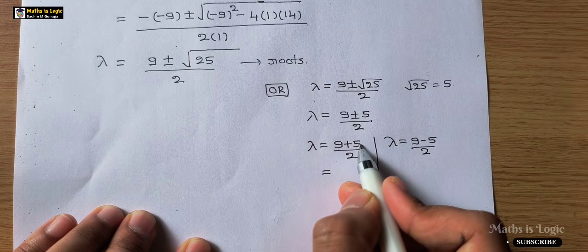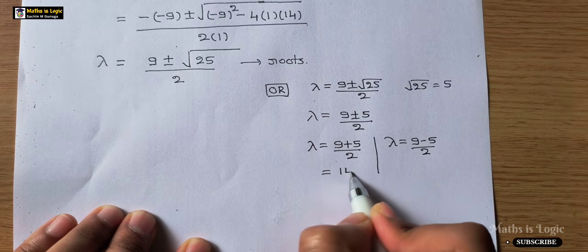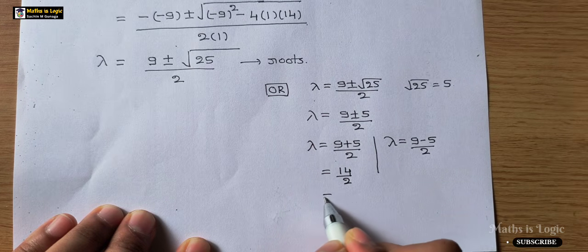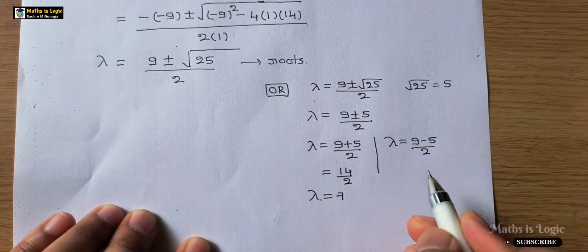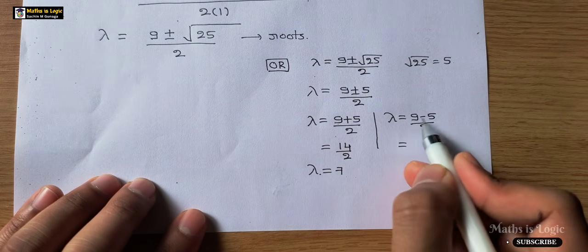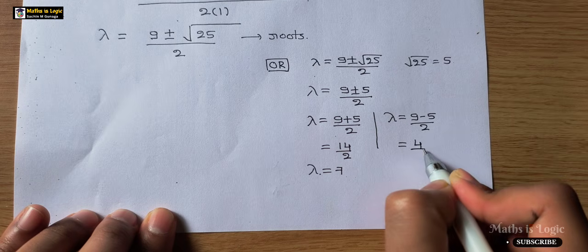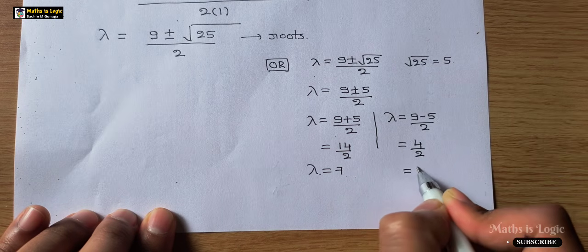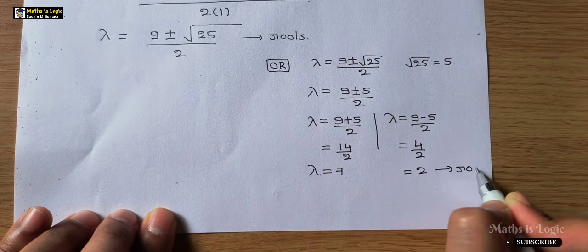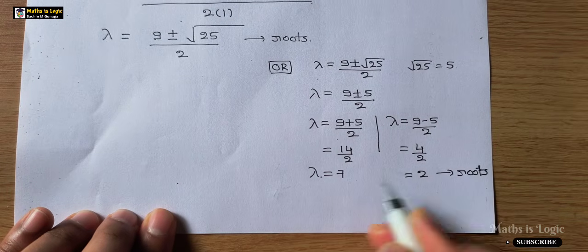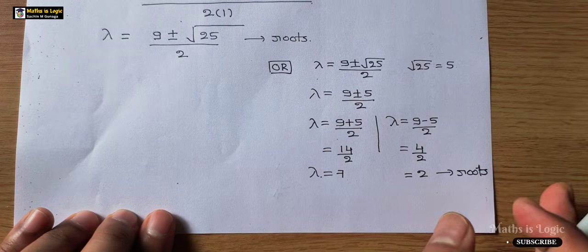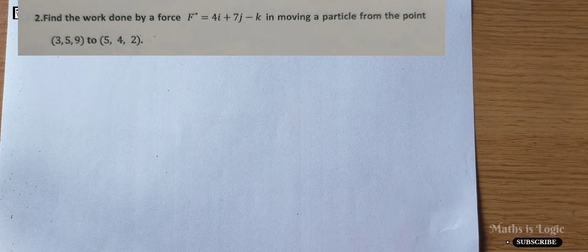So 9 plus 5 is 14, divided by 2 is 7. And 9 minus 5 is 4, divided by 2, so that becomes 2. So these two are the roots. So this is also correct.